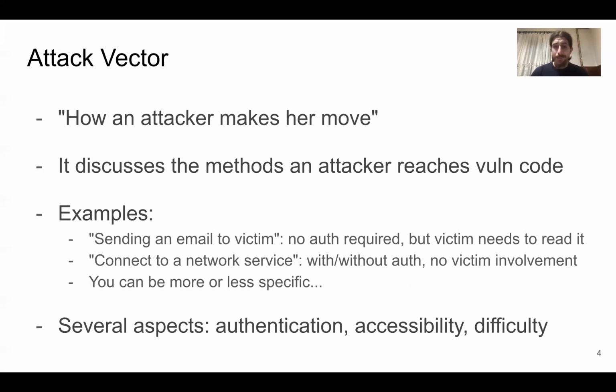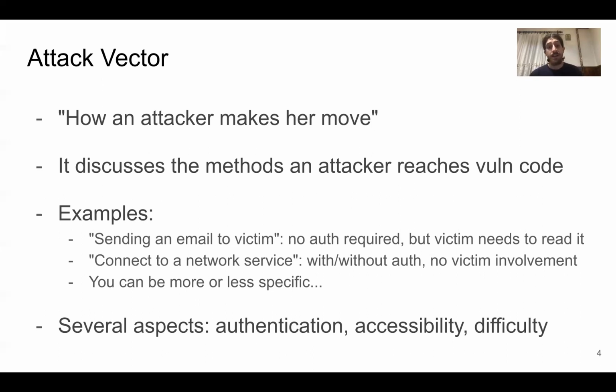It's not just about sending an email, each attack vector also carries some important aspects. For example, sending an email, we know that no authentication is required. I can send an email to you just by knowing your email address. But maybe to trigger a vulnerability, the user needs to read it. So it really depends on the context.